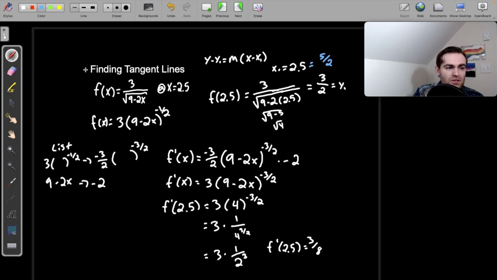So our tangent line will end up being y minus, we said our y1 was 3 halves, equals our slope, which is this 3/8, times x minus our x that was given to us, which is 5/2. If you put a 2.5 and your teacher takes off for it, I'm sorry, that would be awful. I wouldn't, personally. But that is the equation of a tangent line, and we use the chain rule in finding that.